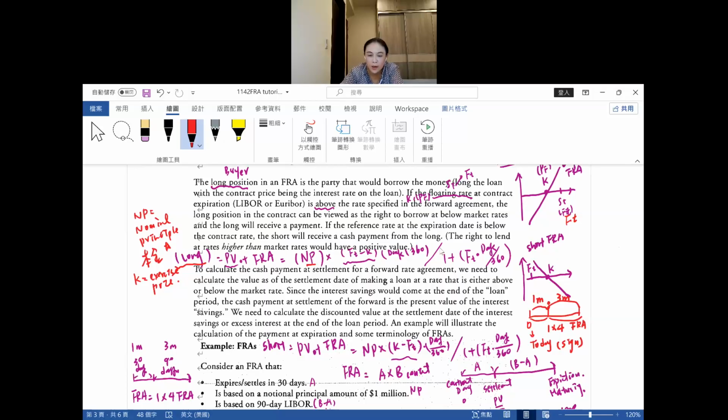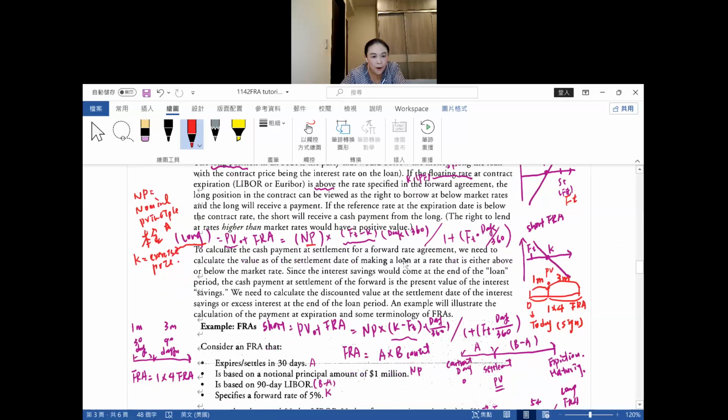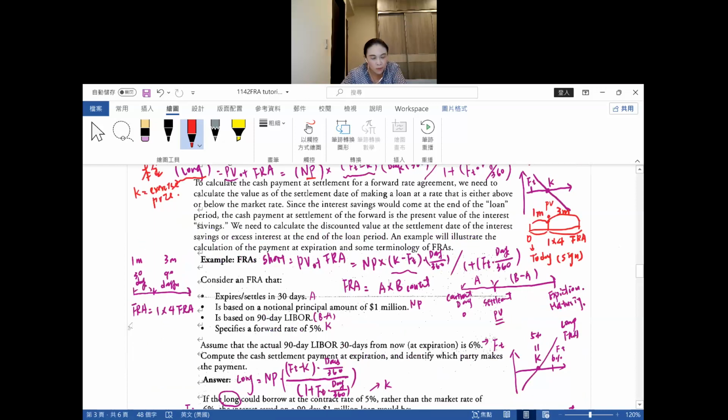Okay, so in that case, when you compute the PV, you are computing the present value of the FRA 1 month later. But because you are earning 90 days interest, you are discounting back for 90 days. That's the case. Okay, a little bit complicated. We can take a look at the example here. Actually, I drew diagrams here. FRA will give you the term.